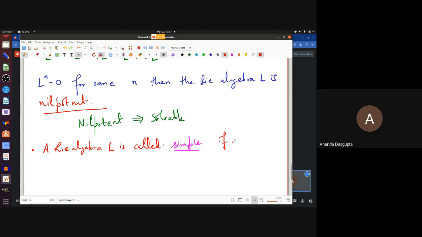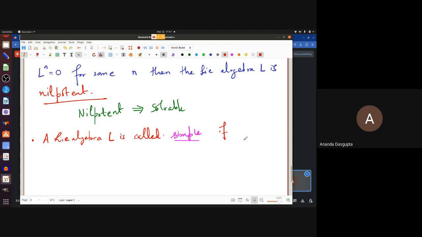These are the two important classifications of a Lie algebra. It has no proper ideal. Proper ideal simply means, remember, every Lie algebra, let's start with them being vector spaces.